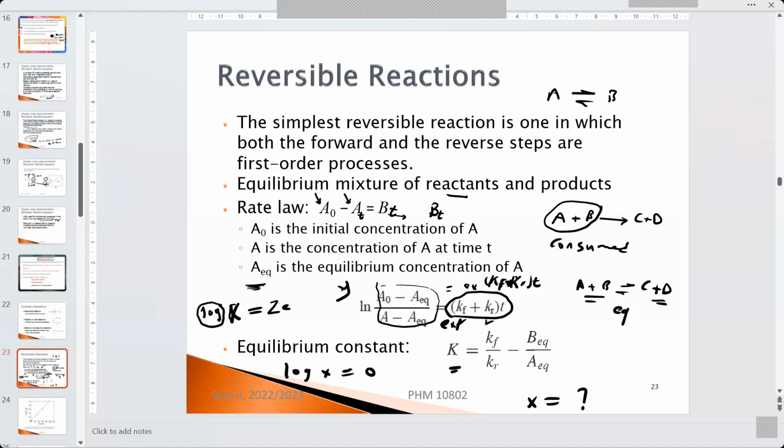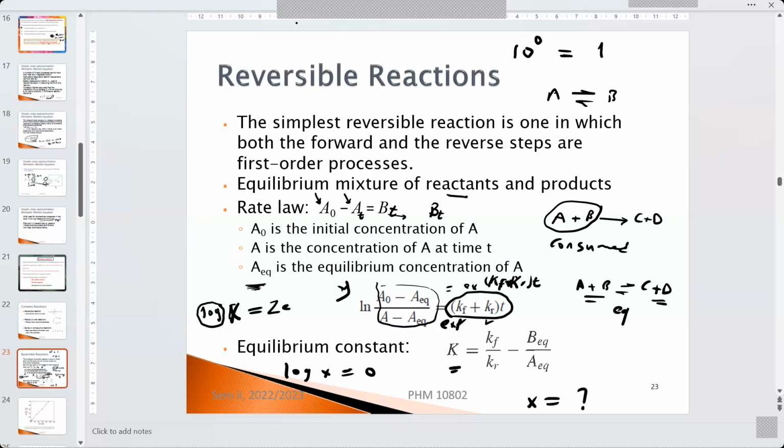How much is X? 10 to the power 0 equals how much? 1. Correct.